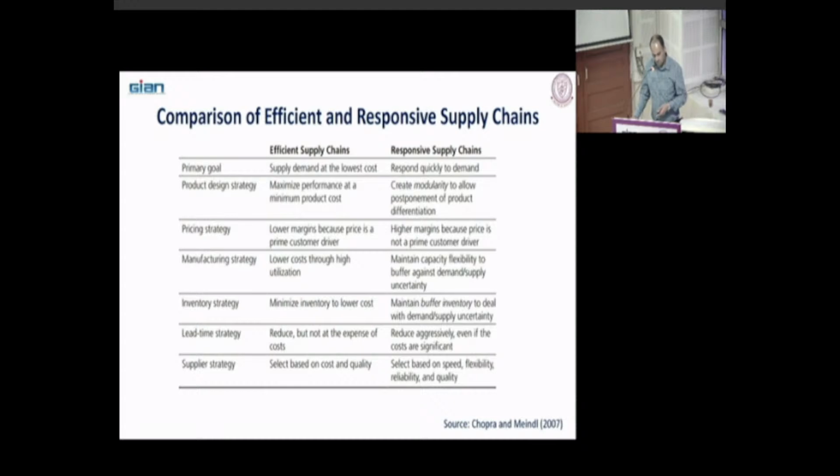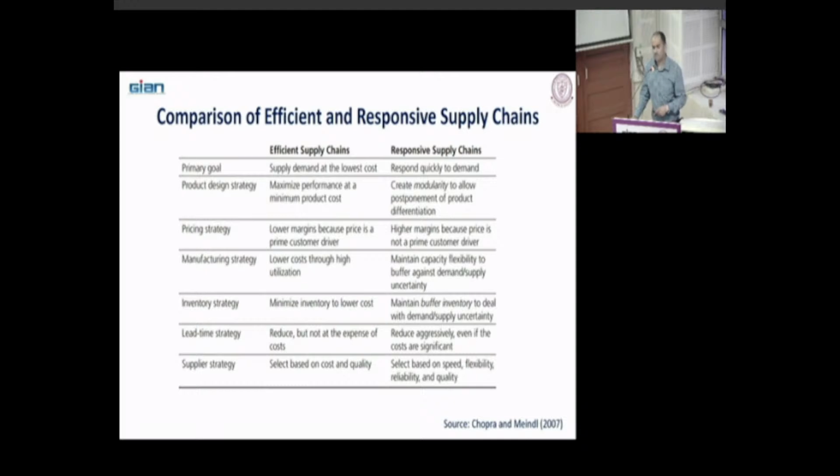Manufacturing strategy, lower cost through high utilization because their focus is on cost in an efficient supply chain. So they use some advanced technologies. Here, responsive means maintain capacity flexibility to buffer against demand and supply. Inventory strategy, again efficient, minimum inventory they need to keep. Here, maintain the buffer. Lead time, reduce but not at the expense of cost.